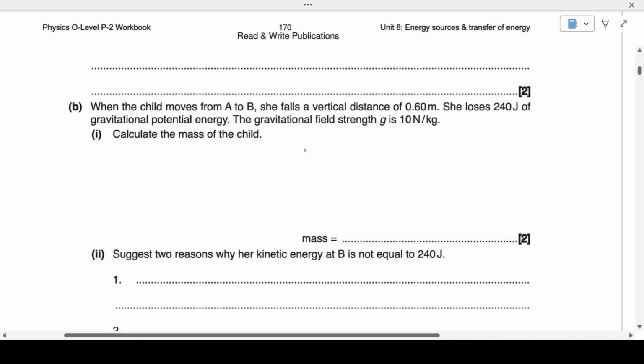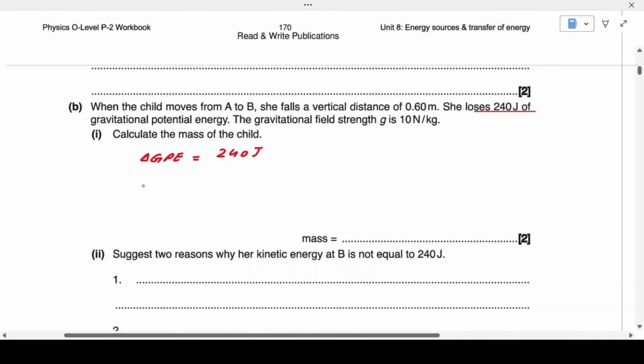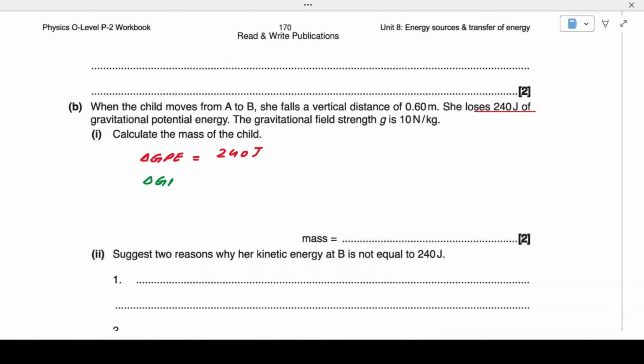Calculate the mass of the child. She loses 240 joules of gravitational potential energy. So the change in the gravitational potential energy is 240 joules. What is the formula of change in the gravitational potential energy? It is mg delta h.